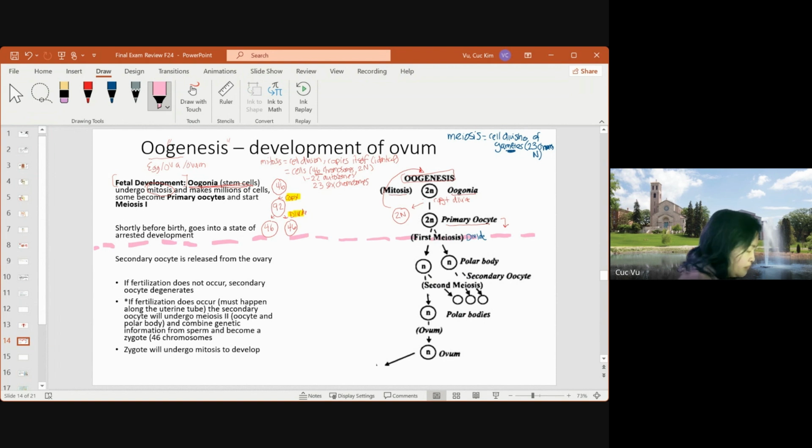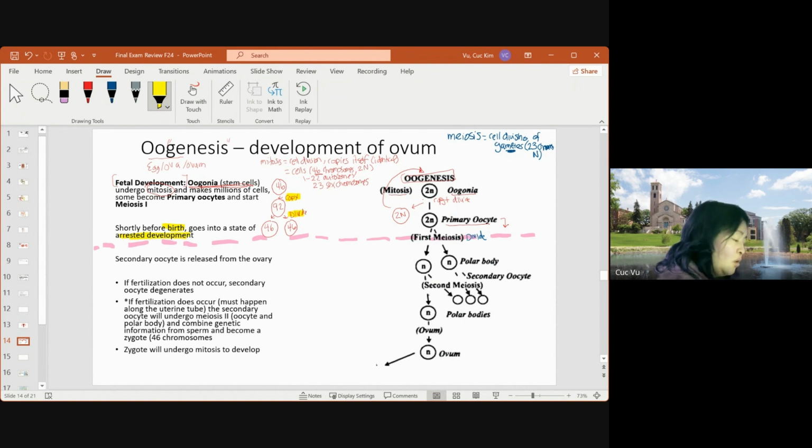And that's why shortly before birth, this process just stops. So technically, in the ovary of that newborn female, she would still have primary oocytes that have begun meiosis 1 but have not finished it.